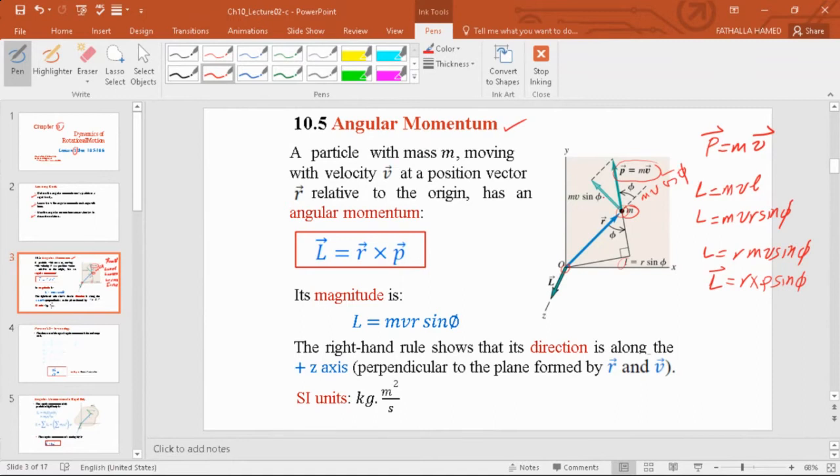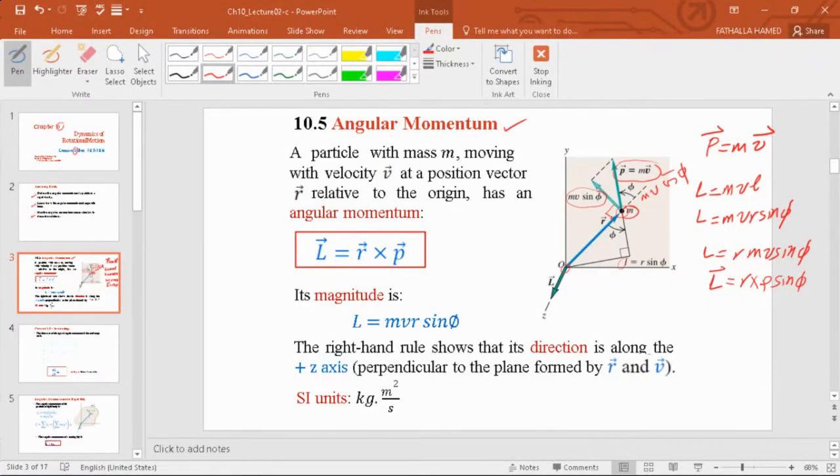But if you look at the one that's perpendicular to it or tangent to it, you will find it's equal to mv sine phi. And this makes an angle of 90 degrees with your position vector here.